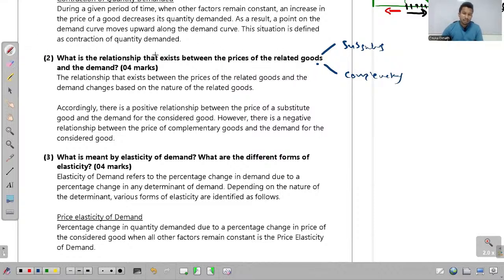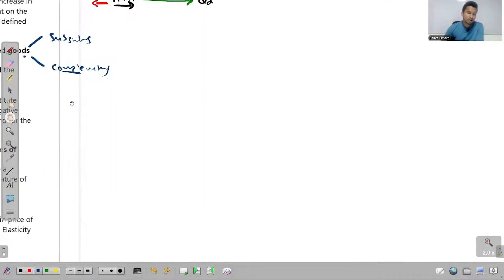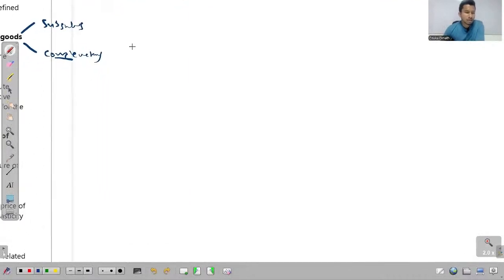The relationship that exists between the prices of substitutes and the demand is one form, and the relationship that exists between the prices of complementary goods and the demand is in a different form. So these are two different relationships, and you need to explain both separately. Now, for example, we'll pick the first one, substitutes. We will take two substitutes and do the discussion.